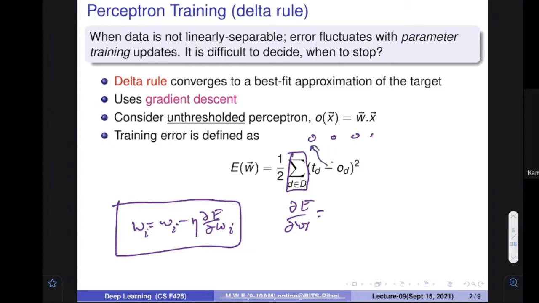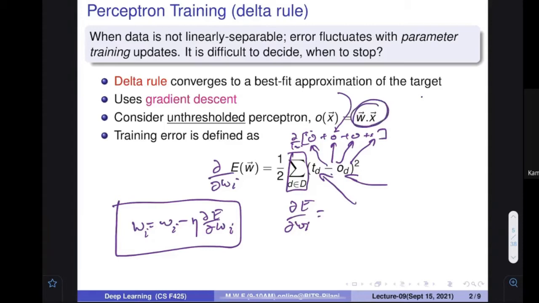This quantity you would find with respect to every data item, and then you find the summation. So del upon del Wi would be applied on all these things one by one. Make sense? And you know what this equation is. What is the target? There is some target. Target is a fixed value. Output is being computed using W transpose Xi.